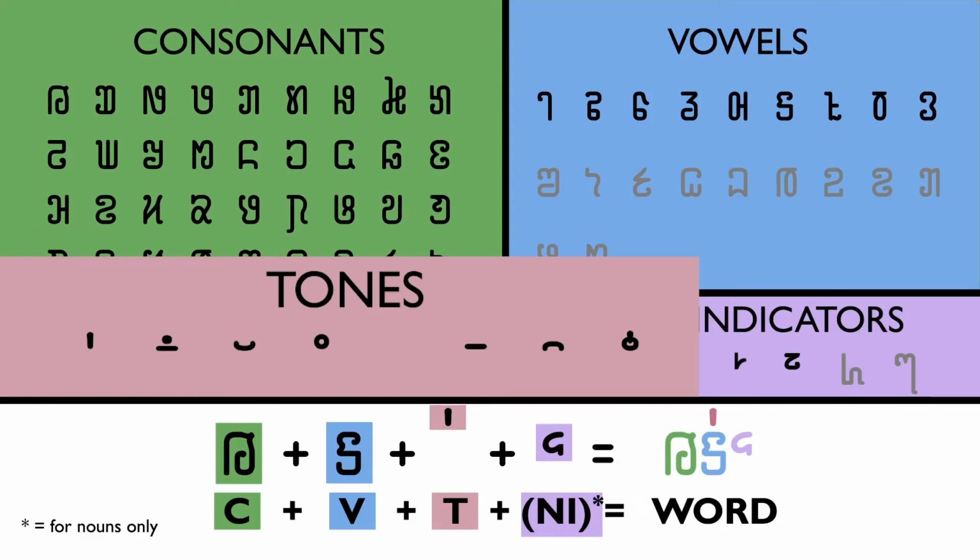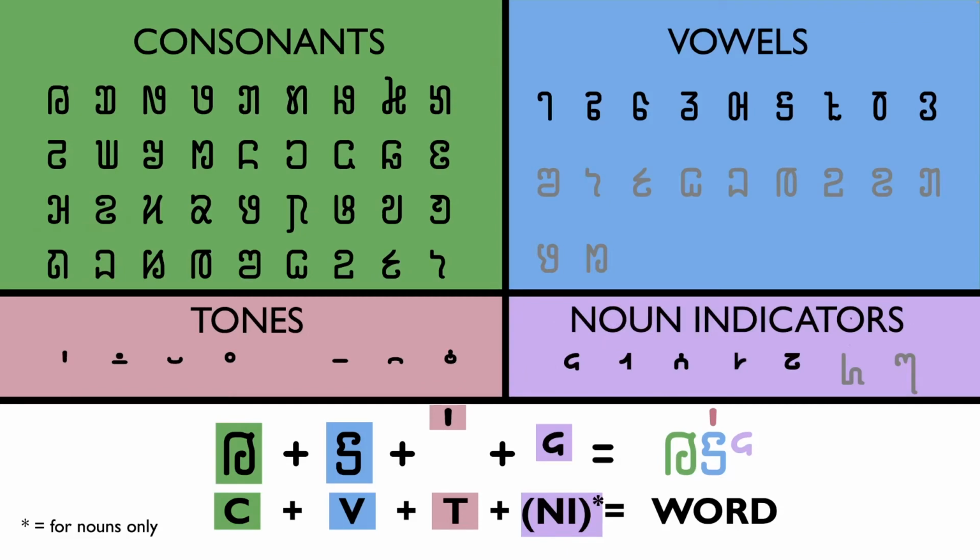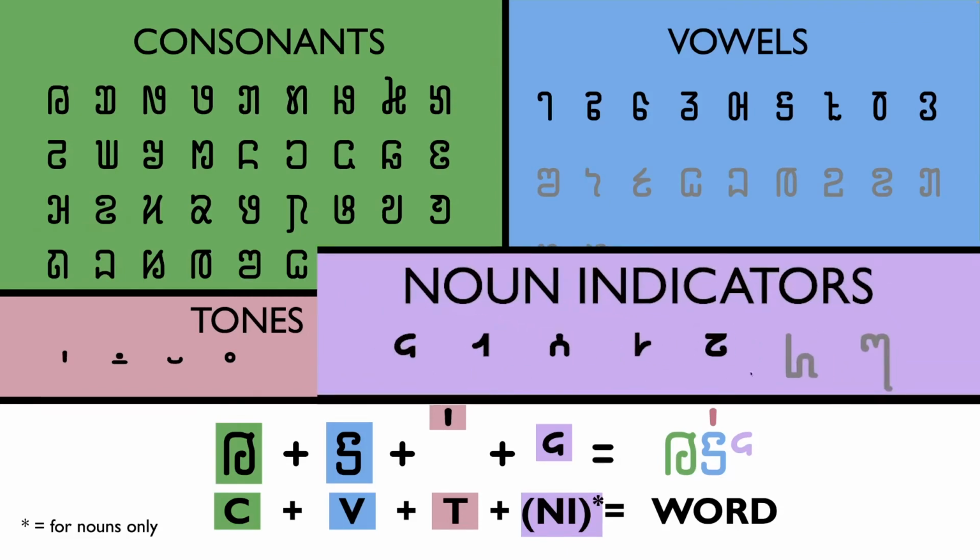Now you'll see here that there are 7 right here, but this little space right here, that's actually a tone as well. But we'll get to this when we get there. And this is fairly difficult, but we'll work on this when we get there. And to the right, you'll see that there are noun indicators, and there are 7 of them. And then the last 2 are punctuation markers, okay?